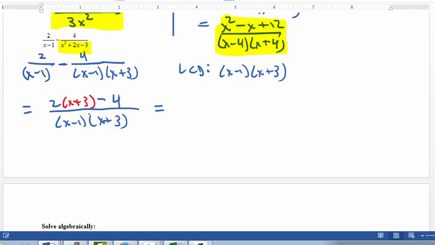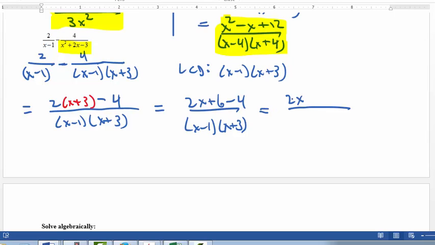So that doesn't get multiplied by anything. So now you distribute the numerator again, so you have 2x plus 6 minus 4 over x minus 1, x plus 3. And then some people forced this because they said, ooh, look what's going to happen. I'm going to get cancellation after this. And then they wrote the numerator as 2x minus 2, but it's not. The numerator is 2x plus 2 over x minus 1 times x plus 3.